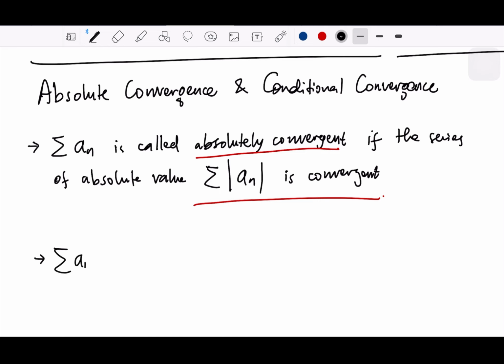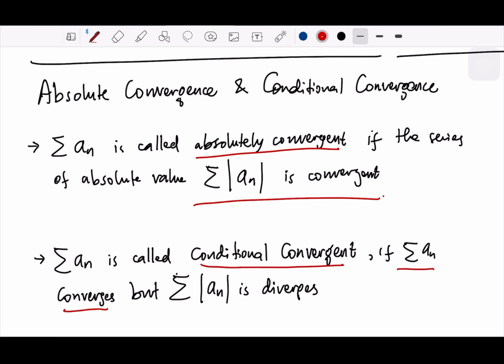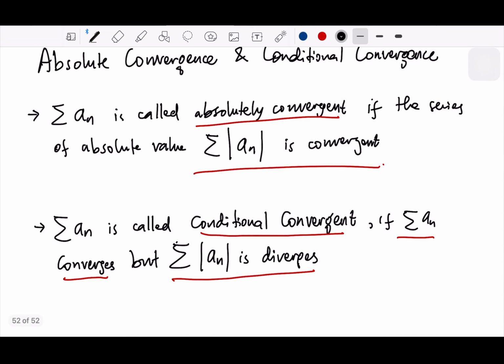Now the other series is called conditionally convergent if the series converges, but the series of absolute values diverges. So it's called conditionally convergent if the series converges, but the absolute value diverges.